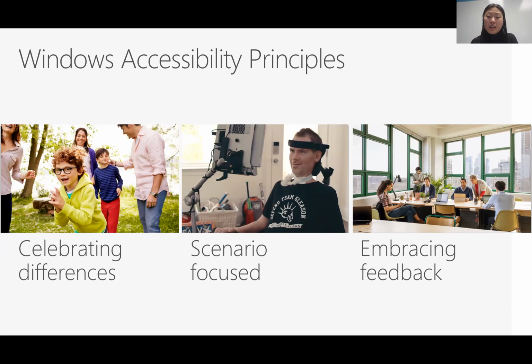And then last but not least, we're all about embracing feedback. I'm not sure if some of you are familiar with the Windows Insider program, but it's a way to access pre-release builds before they are rolled out to the public, and you can provide feedback, play around with them, and test them. We release a lot of our accessibility features through the Windows Insider program.